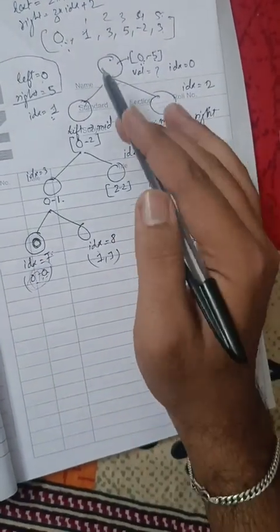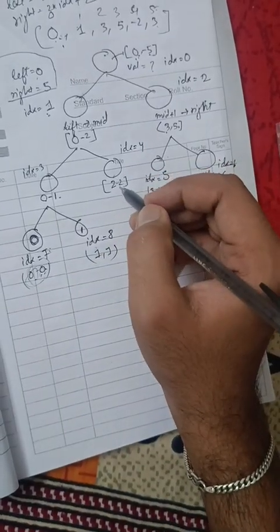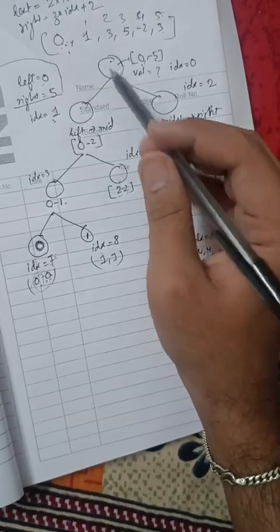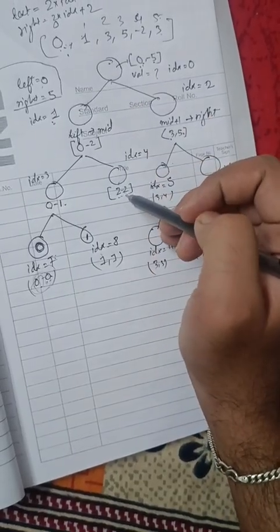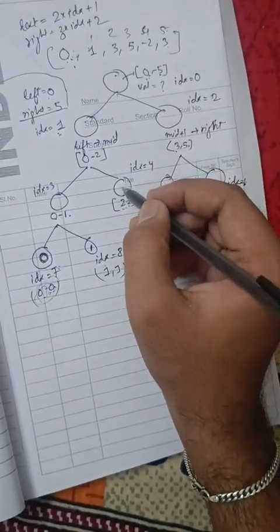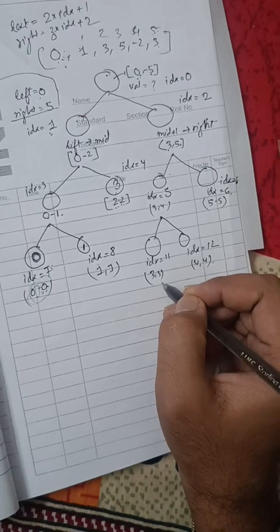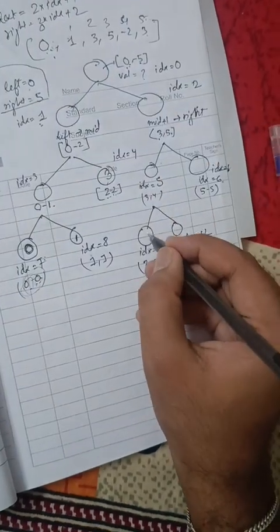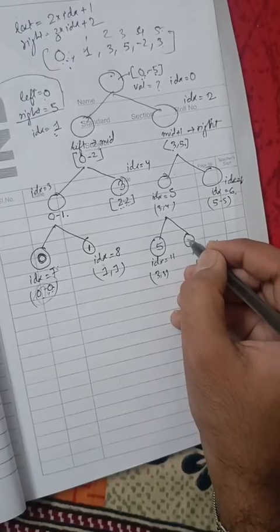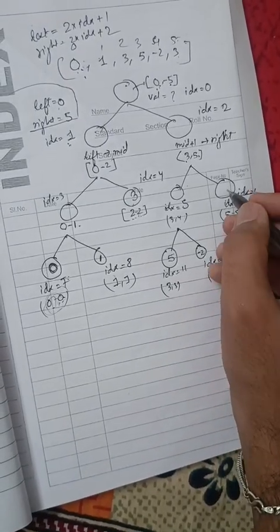Okay, now the 1st index will be 1, at index 2, the value of the element at index 2 in the array is 3, right? Now at index 3 it is 5, at index 4 it is -2, at index 5 it is 3, right?